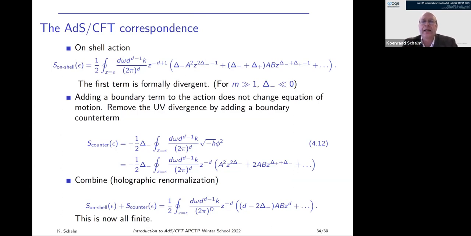We know from classical mechanics and ordinary quantum field theory that adding a boundary term to the action does not change the equation of motion. The flip side is that if I only know the equations of motion of my theory, the corresponding action is only fixed up to a boundary term.